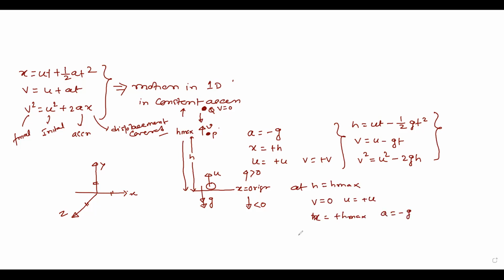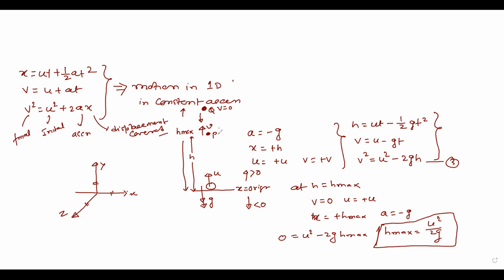So if we put it in the third equation, we may write 0 equal to u square minus 2g h max. Through this we can find the value of h max as u square by 2g. This is the formula for maximum height.